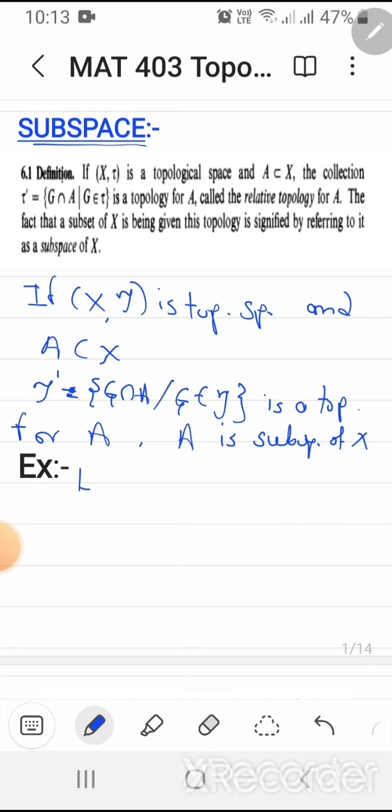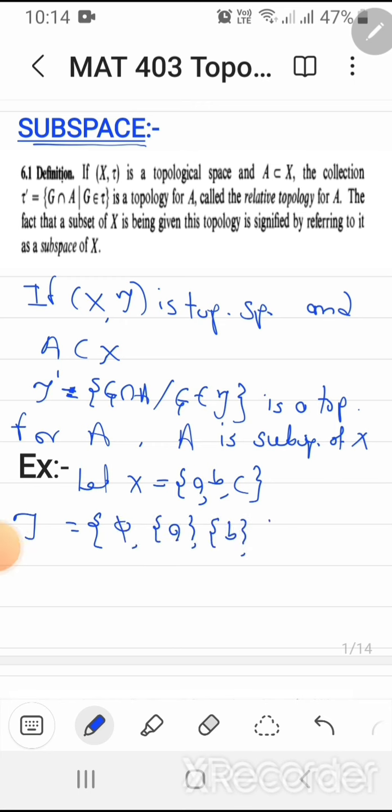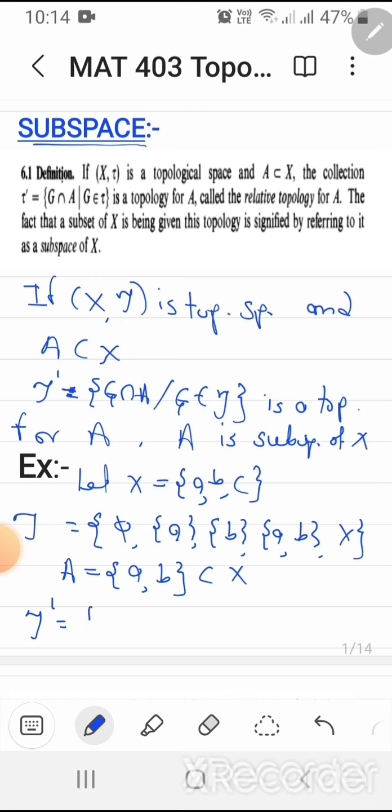Now, example. Let X equal to {a, b, c} and tau a topology on X, that is phi, singleton set {a}, singleton set {b}, the 2-point set {a, b}, and X. This is a topology on X, and here we take A equal to the set of 2 points {a, b}, which is a subset of X. For the subspace, tau dash is G intersection A such that G belongs to tau.